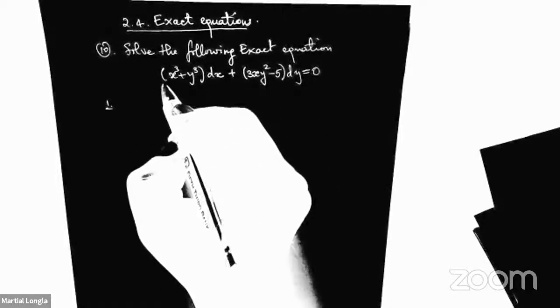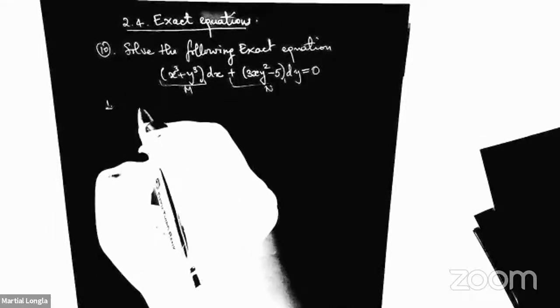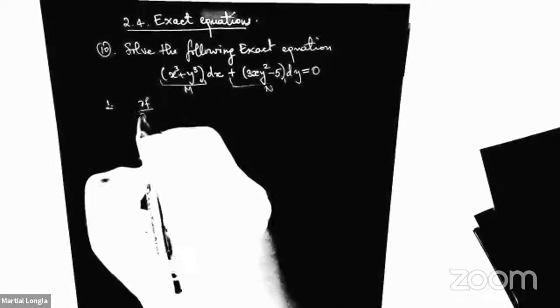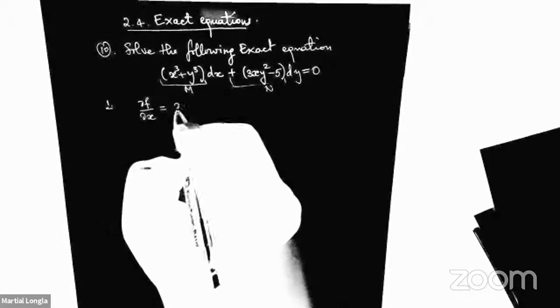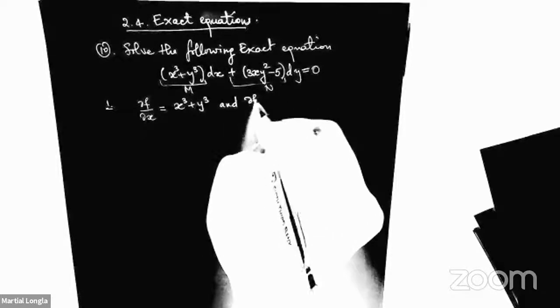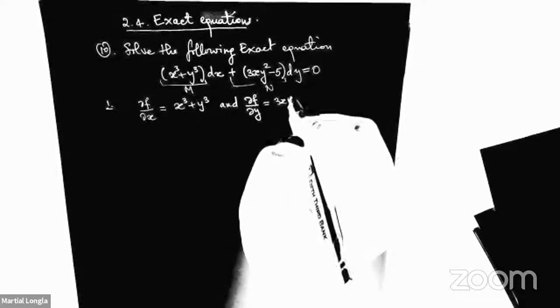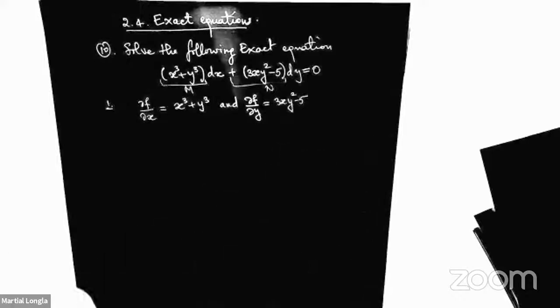Step 1, you write the M's and N's. M is what is in front of dx, and N is what is in front of dy together with the sign. So that's the N and that's the M. So you have df over dx equals x cubed plus y cubed, and df over dy equals 3x y squared minus 5.